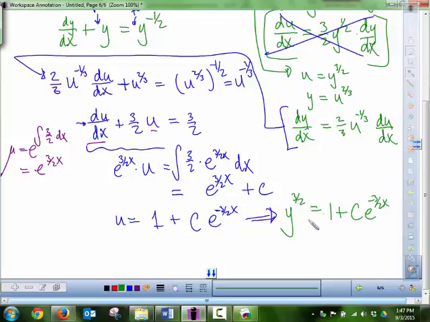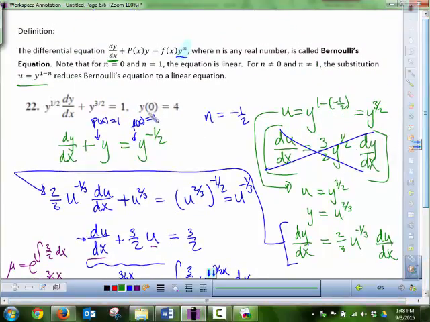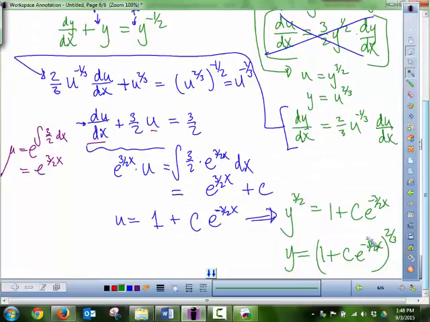And then just undo this by taking both sides to the 2/3 power, and now you have an explicit solution. Now am I done? Yeah, except for the initial condition. You guys can figure out the initial condition. Put 0 in for x, 4 in for y, solve for c, and then you're really done. Okay?